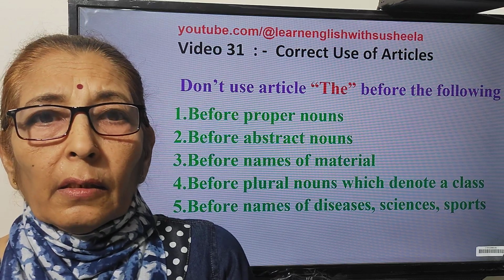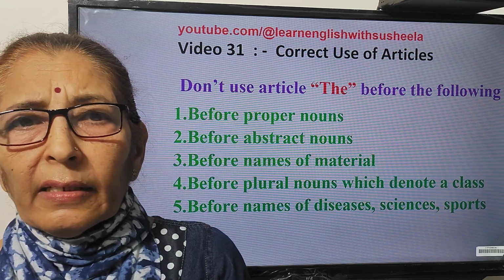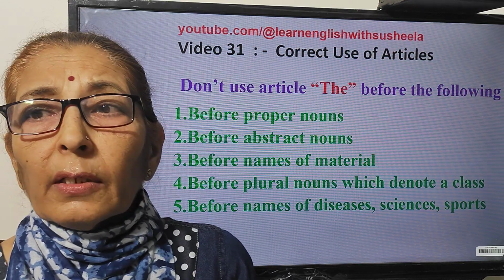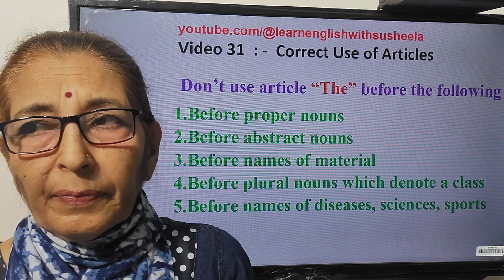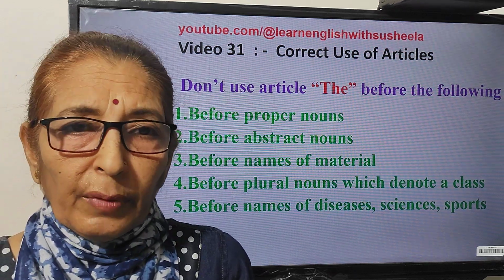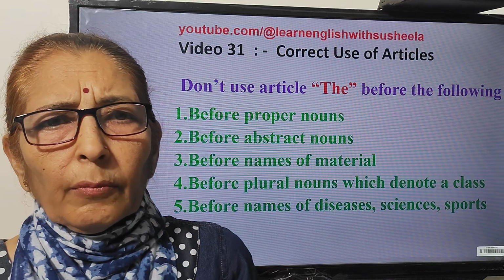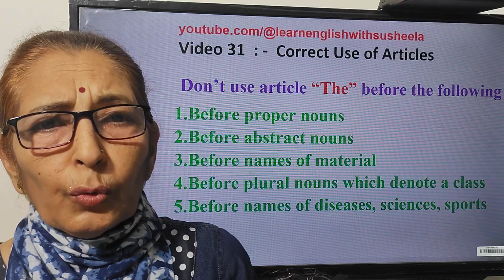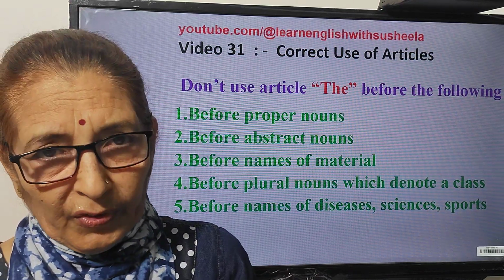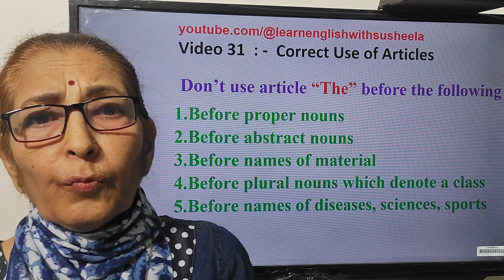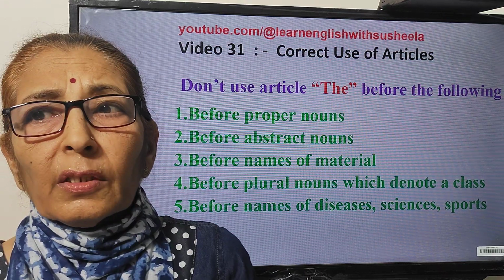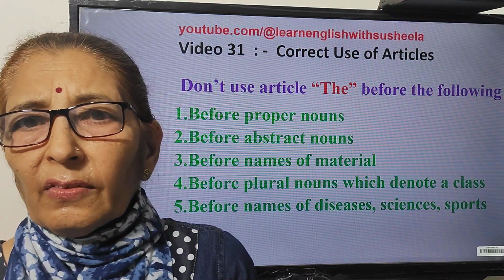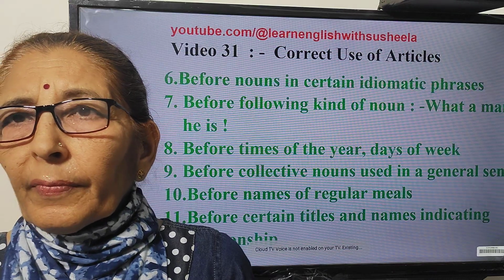How? Plague, cholera, malaria, or any other disease. We don't use the article the before it. In the same way sciences like medicine, physics, chemistry. Before sciences we don't use the. Then sports like cricket, hockey. So we are not to use the before the names of diseases, sciences and sports.